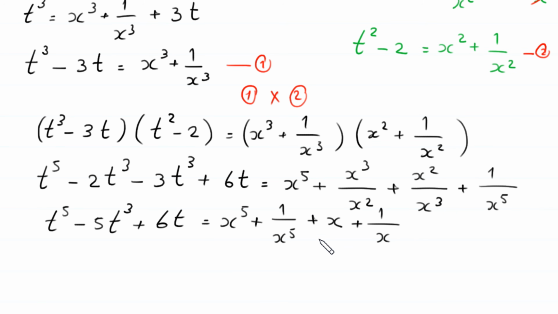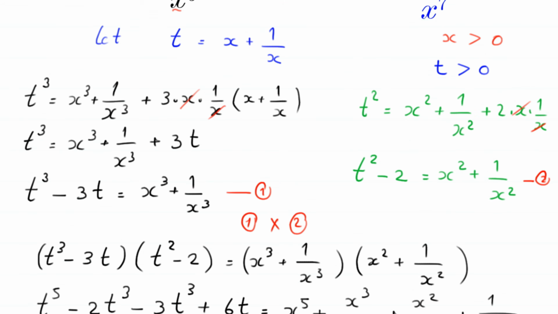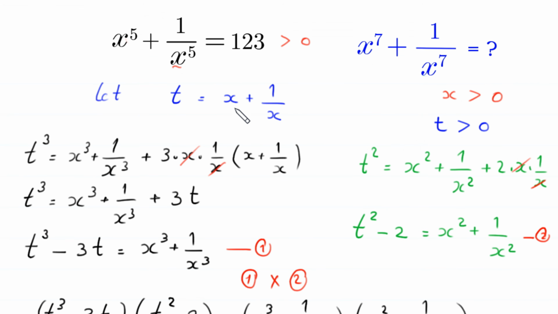Now in this equation we replace this x plus 1 over x and this x to the power 5 plus 1 over x to the power 5. X plus 1 over x is equal to t, and x to the power 5 plus 1 over x to the power 5 is equal to 123.